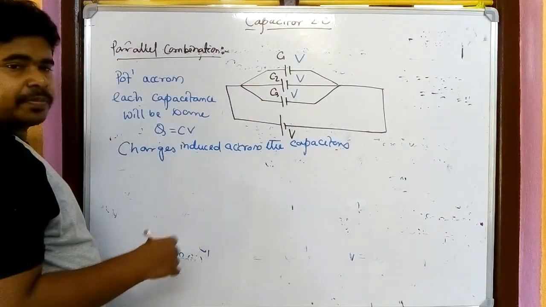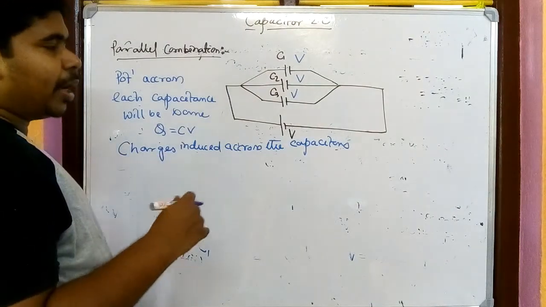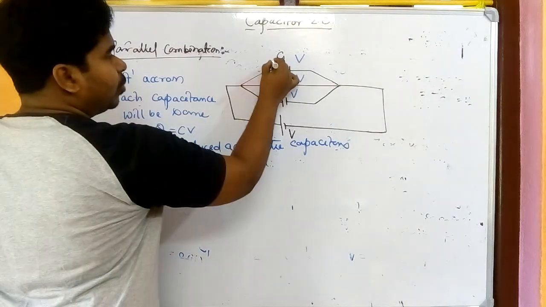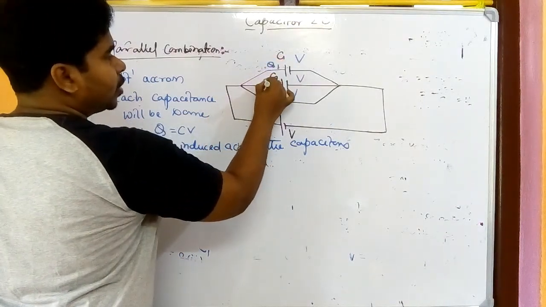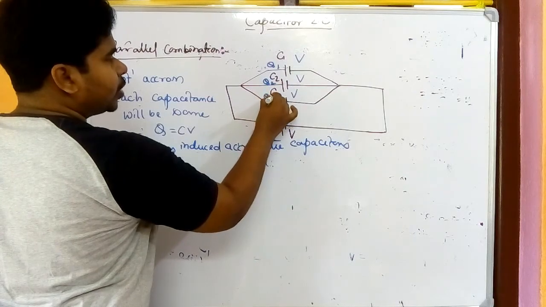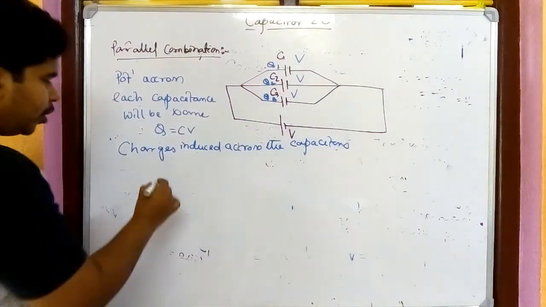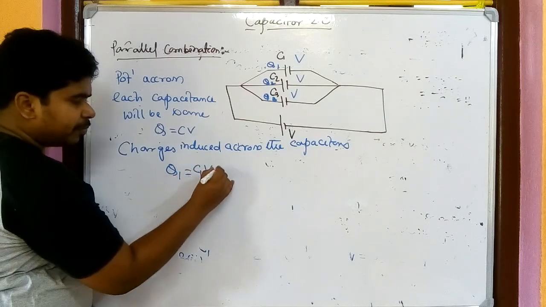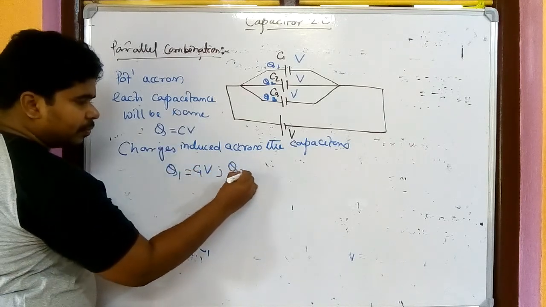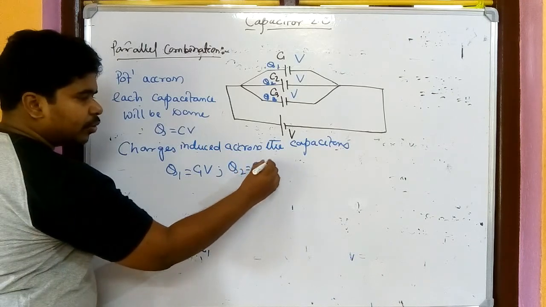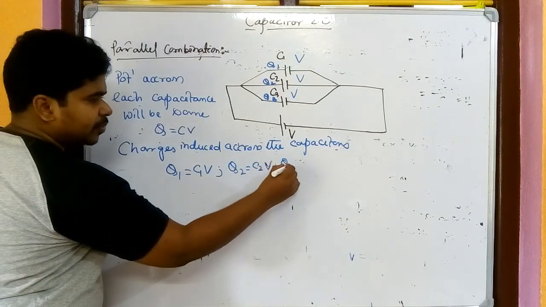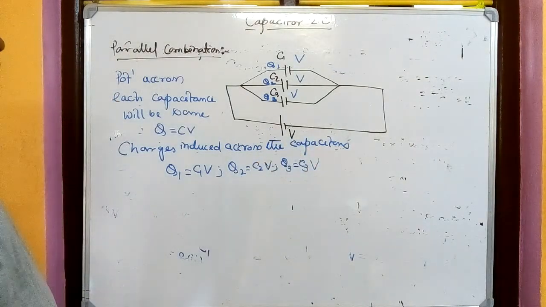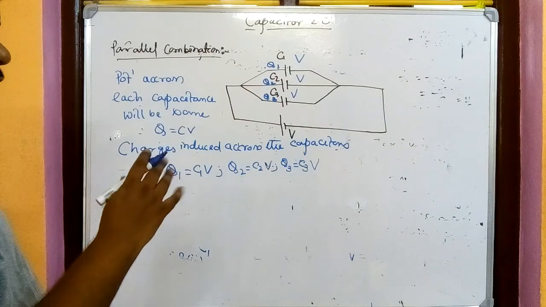Let the charge here be Q1, here Q2, and here Q3. So Q1 is equal to C1V, Q2 is equal to C2 into V, and Q3 is equal to C3 into V. Three charges, three expressions.